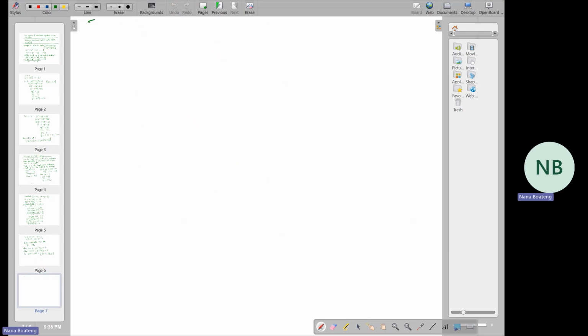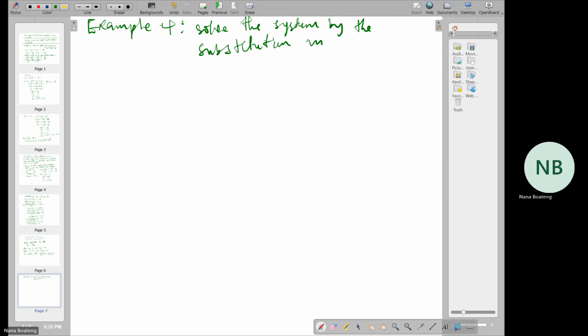Example 4. It says solve the system by the substitution method.